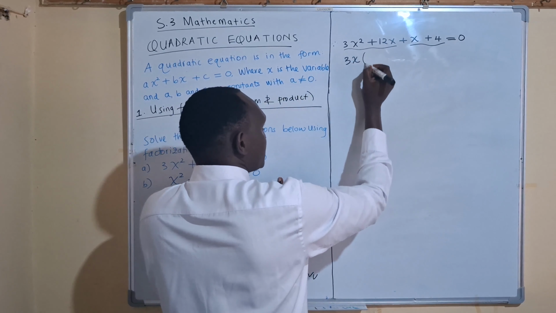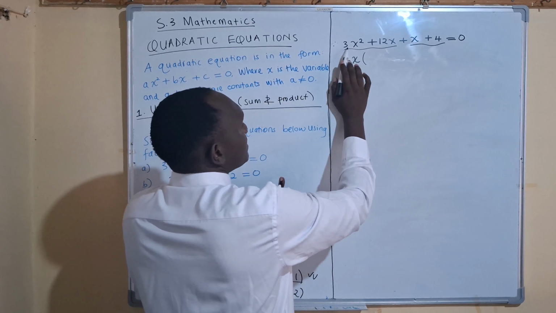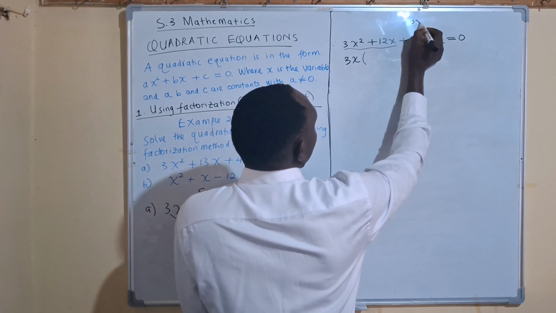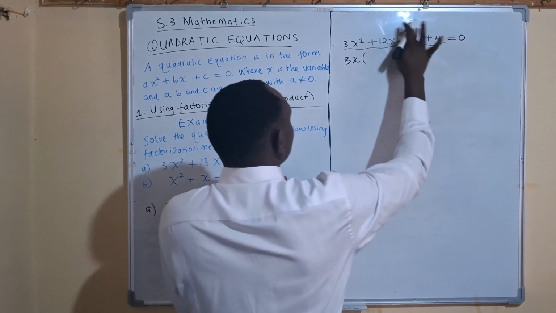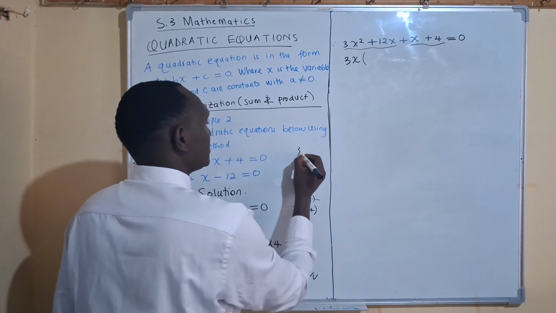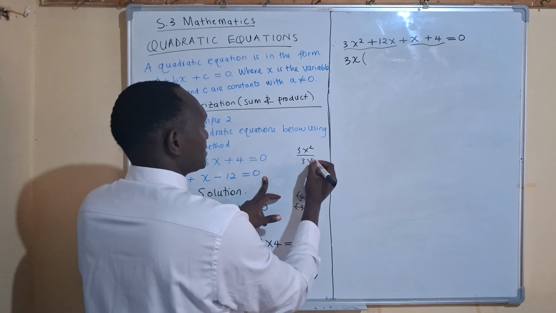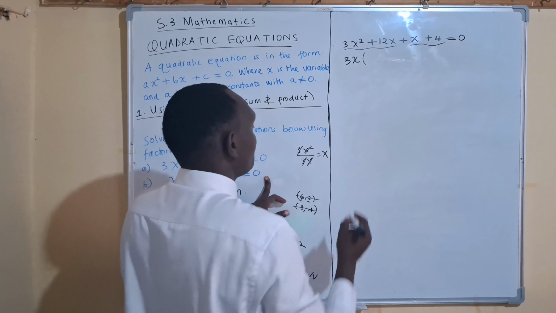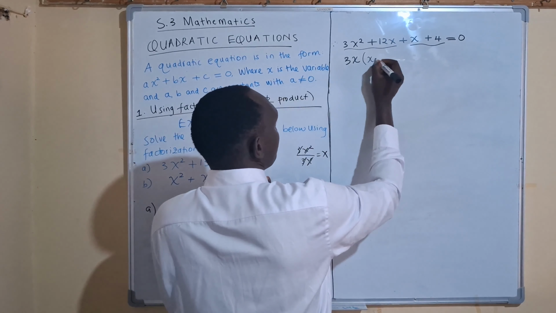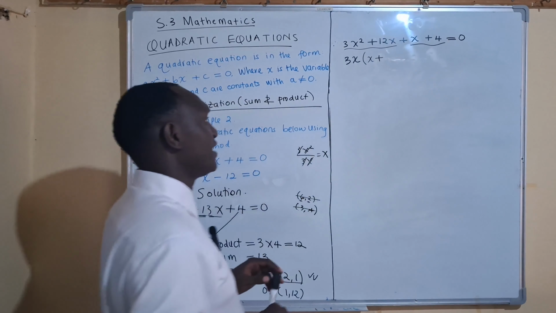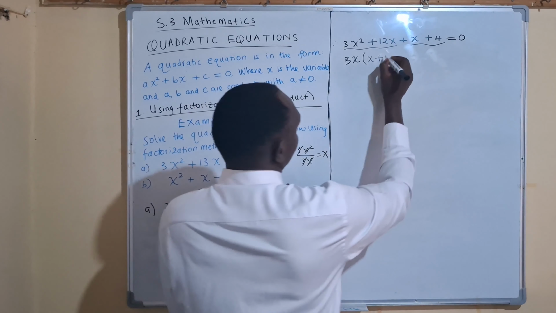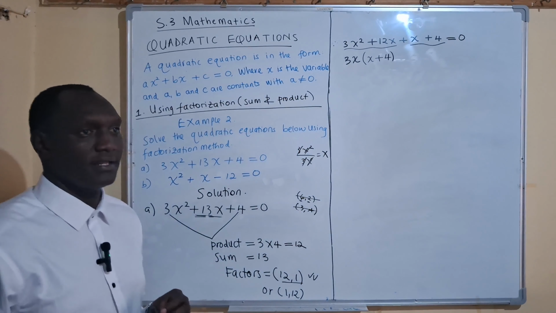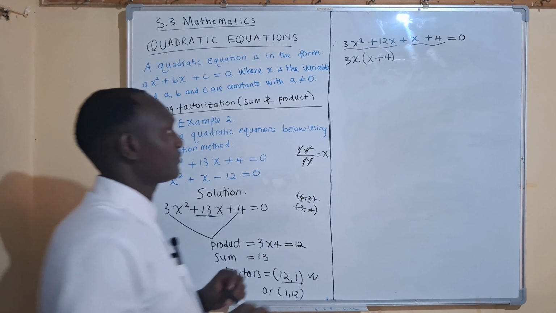If you open the bracket, what is 3x squared divided by 3x? 3 and 3 cancel, x cancels, and we are left with x. So inside we shall have x plus. What is 12x divided by 3x? It is 4, because x and x cancel and 12 divided by 3 is 4.